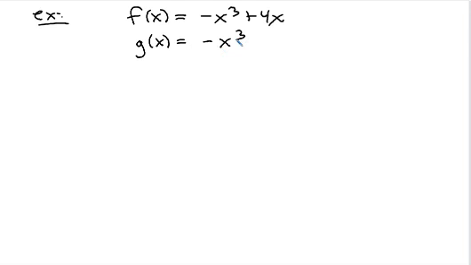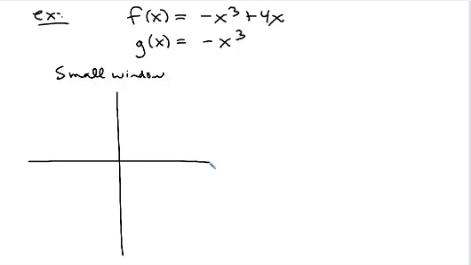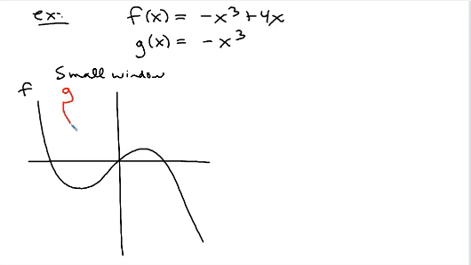So when you're on a small window, you'll notice some differences. F is maybe looking like this, and G is kind of looking like this.